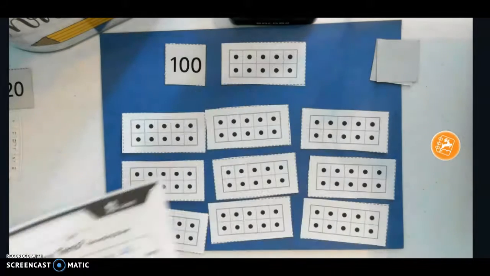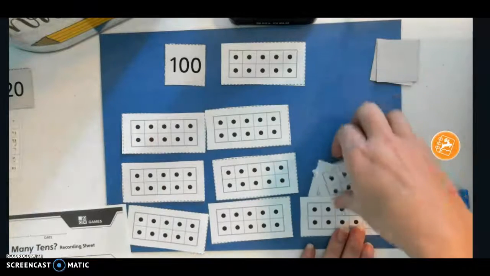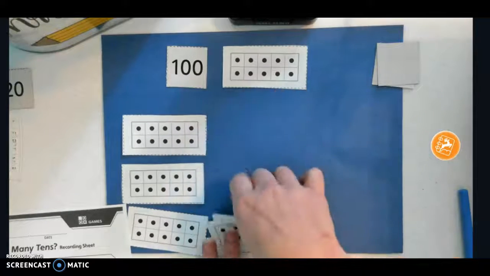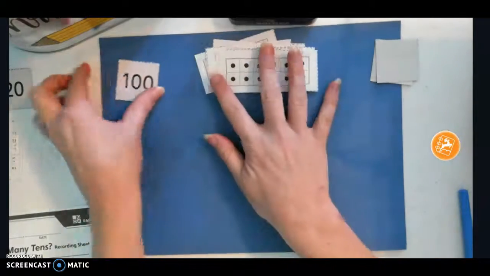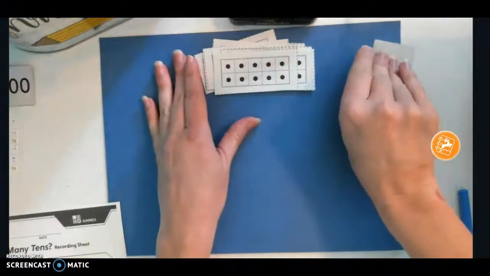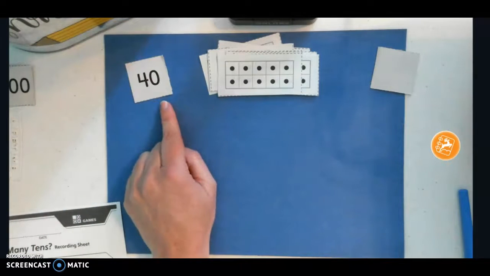All right, let's do one more together. Let's clean up our game space. Discard that card we've already used and draw one more card. What's our number?